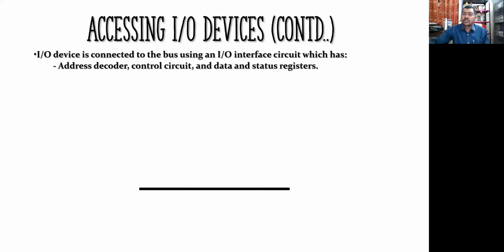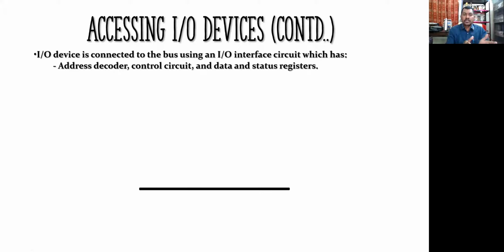Those circuits are the address decoder, control circuit, data register, and the status register. These circuitry are very much essential to connect to the input output devices, right?